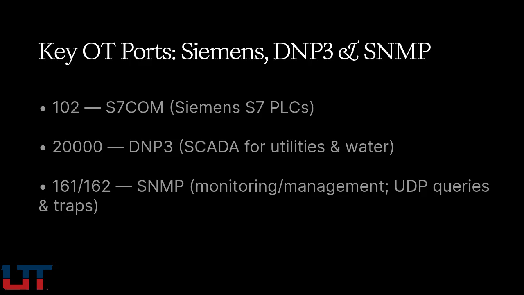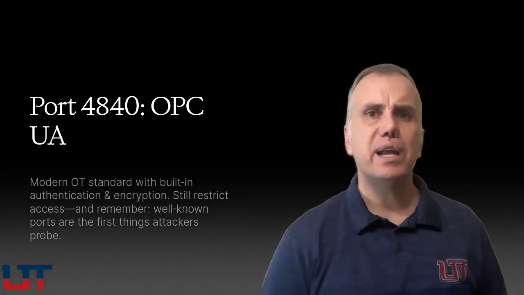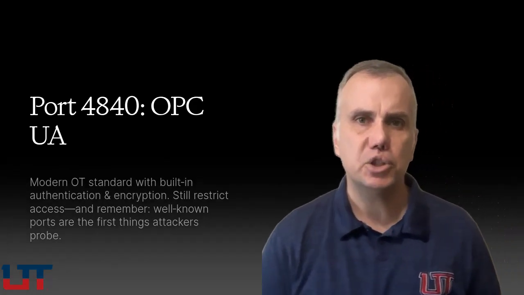systems. Ports 161 and 162 are SNMP, Simple Network Management Protocol, used for monitoring and managing network devices and many OT devices. SNMP uses UDP on both ports, 161 for queries to devices, 162 for traps, unsolicited alerts from devices to a management station. Finally, port 4840 is OPC-UA, or OPC Unified Architecture.